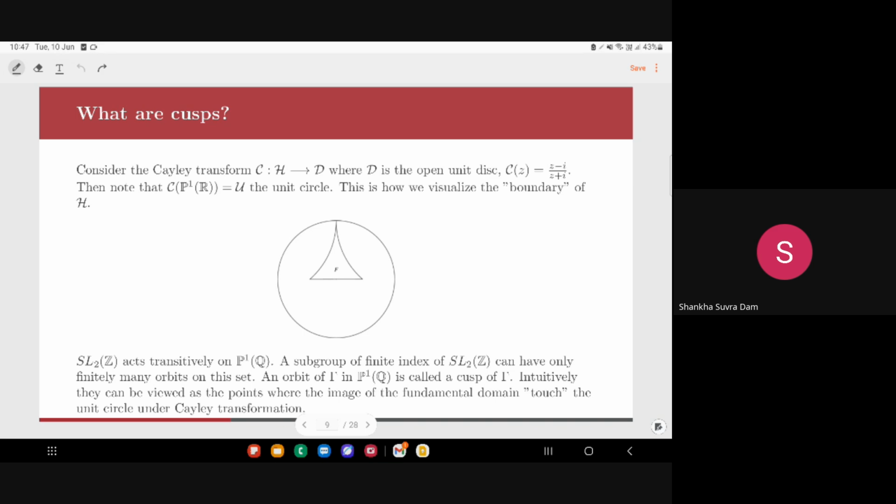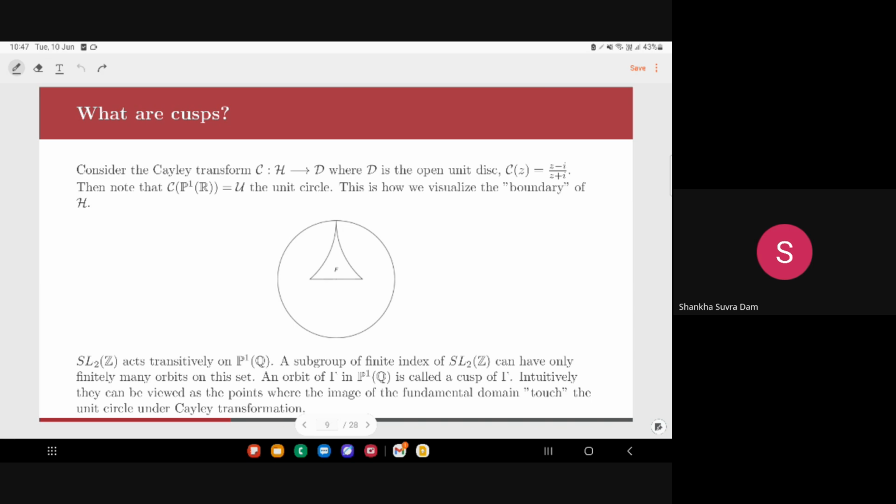And this always gives you a value with absolute value less than 1. Then note that under the Cayley transform, the projective reals go to U, the unit circle.